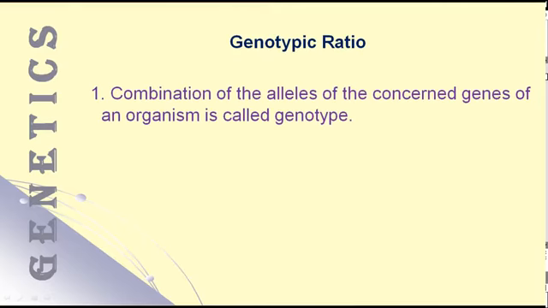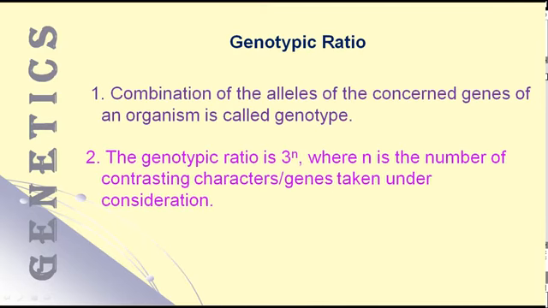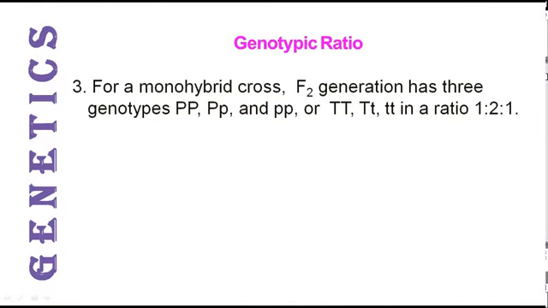So what is the final result? Genotypic ratio. Combination of the alleles of the concerned genes of an organism is called genotype. The genotypic ratio is 3 to the power n. N means the number of characters or the genes taken under consideration. What is genotypic ratio?